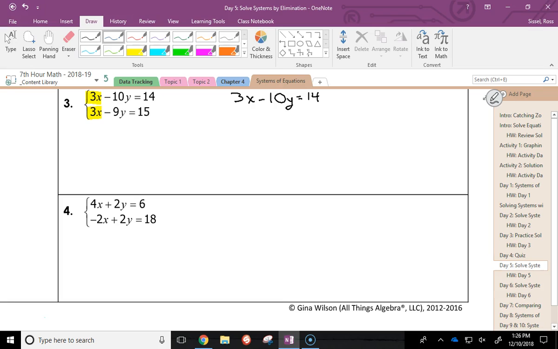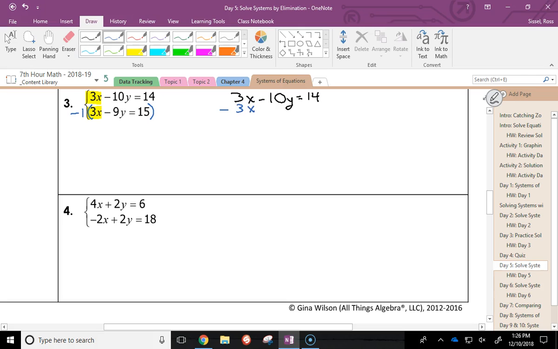I want to, Tyler? Take the second equation and multiply by negative 1. If they have the same value, multiply both of them by negative 1. I'd have negative 3x.